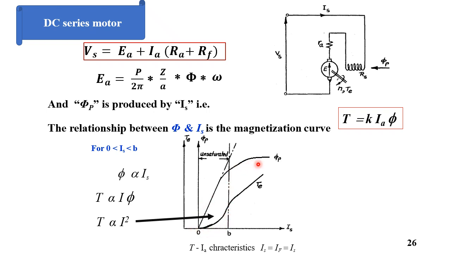For the part here, the flux is almost constant due to saturation, so phi is approximately constant, and as I increases, the torque will be proportional to only the current. As phi is constant, we have a linear relation between torque and I supply.